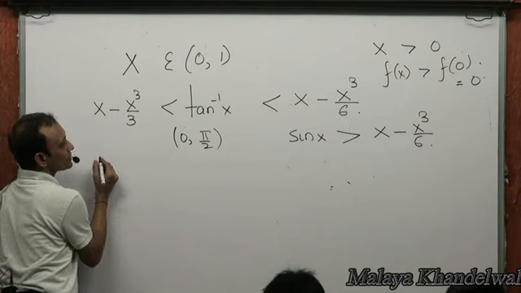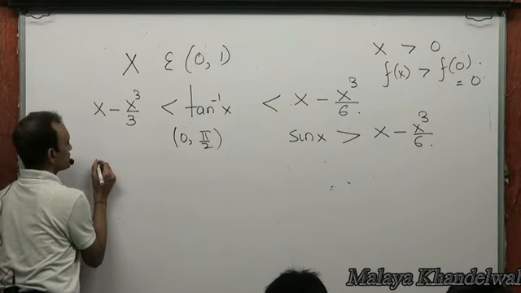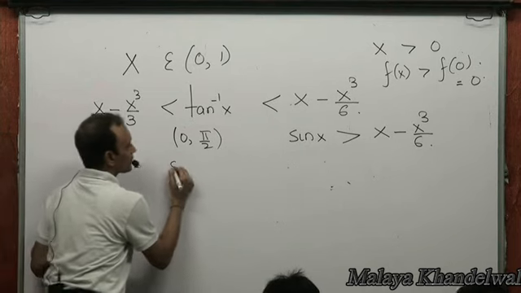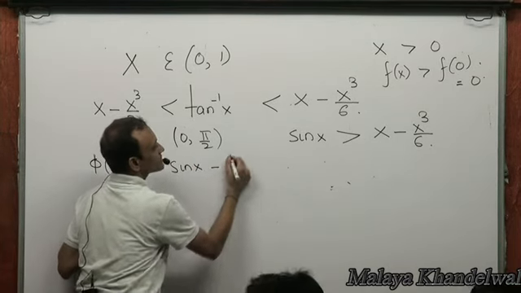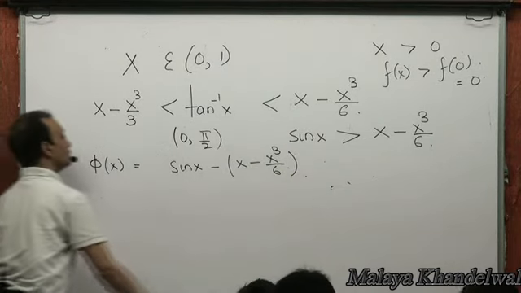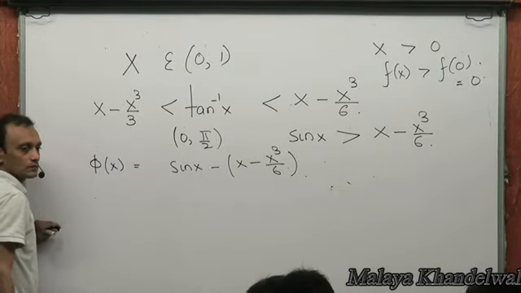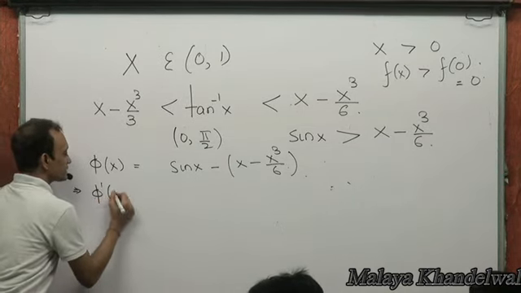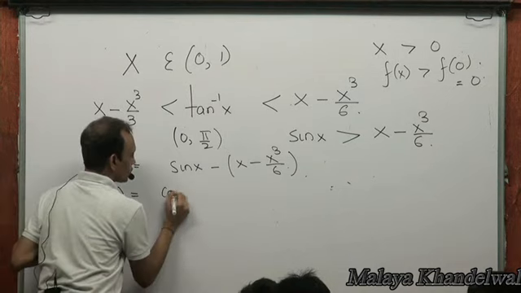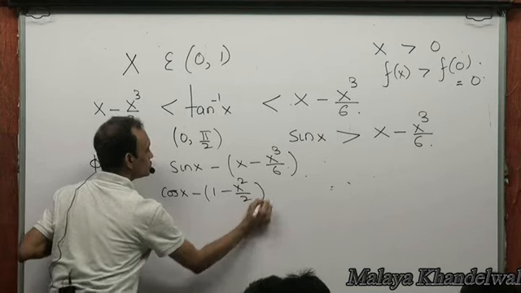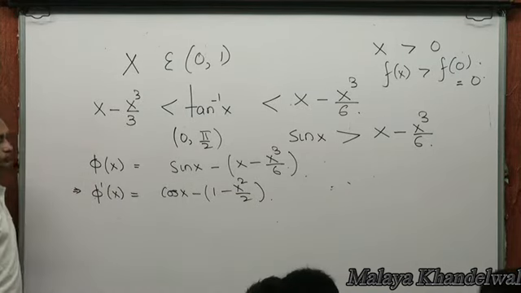Let me construct a function phi x, which is sin x minus x cube by 6. Right? Phi dashed x is cos x minus 1 minus x square by 2. Yes or no? Right?